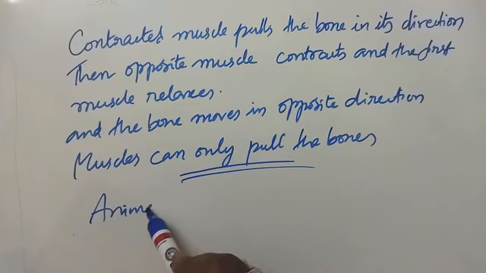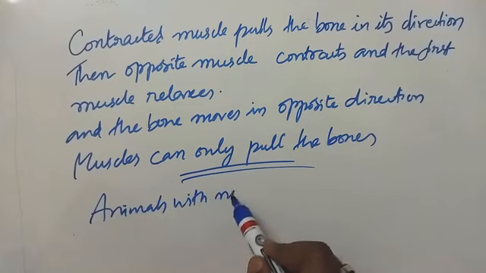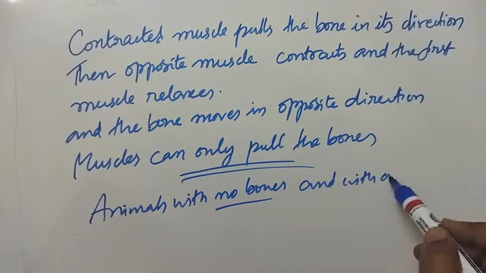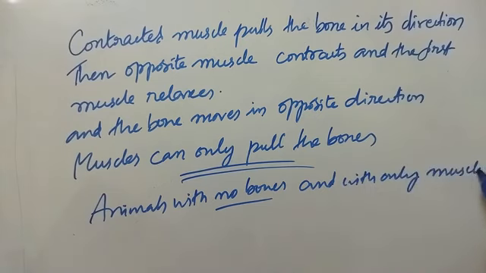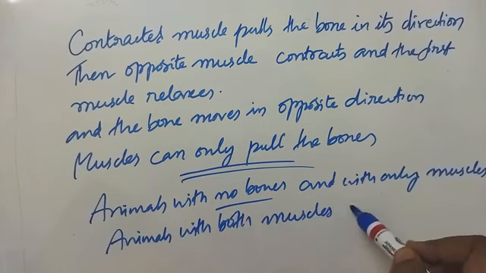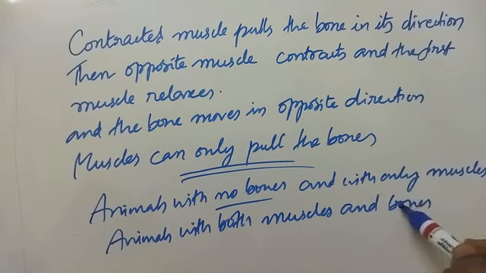Examples of animals with only muscles are earthworm, snail, cockroach, etc. Examples of animals with both muscles and bones are fishes, frogs, snakes, birds, buffaloes, humans.